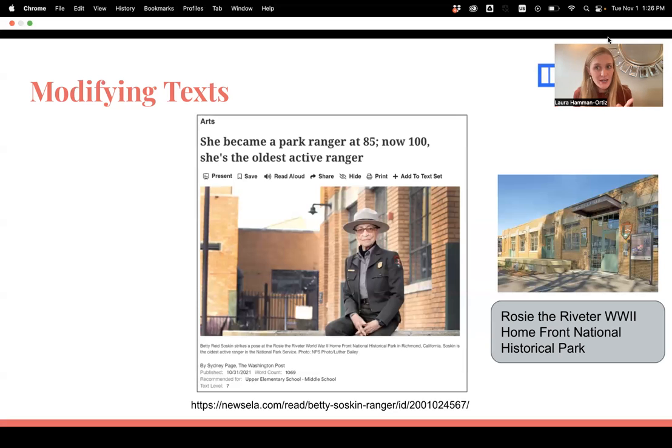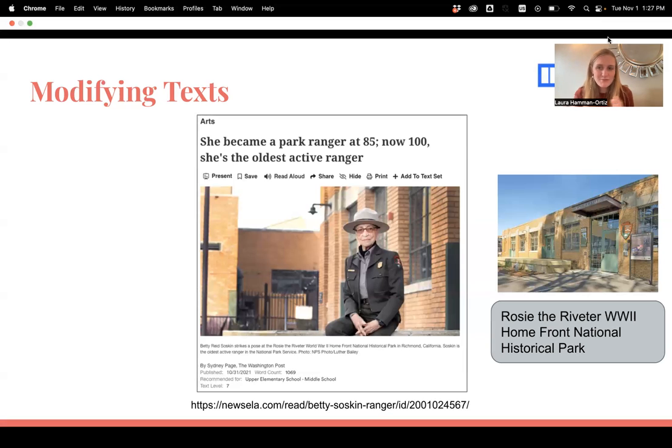And she became involved in this work and became a park ranger because she went to a planning meeting for this museum, and she saw that the experience of Black women during World War II was not represented in the plans for the museum. So she got involved so that she could tell her story about her experience working on the home front, as they call it.